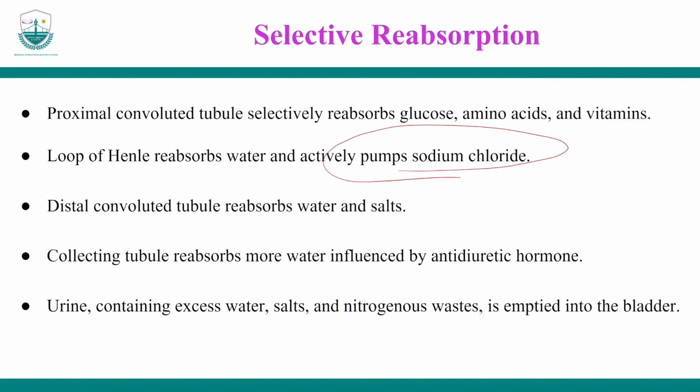Then in the distal convoluted tubule, the discussion is about water. Reabsorption of water happens there, and its permeability can be influenced by a hormone, ADH, antidiuretic hormone, which can make it more permeable to water, such that water is reabsorbed and concentrated urine is produced, and therefore water is conserved.